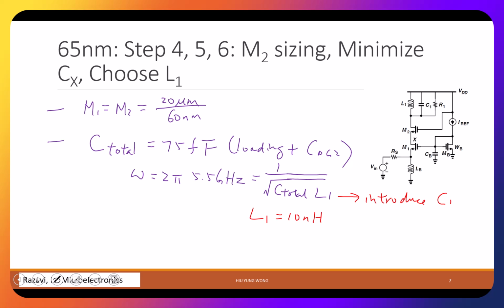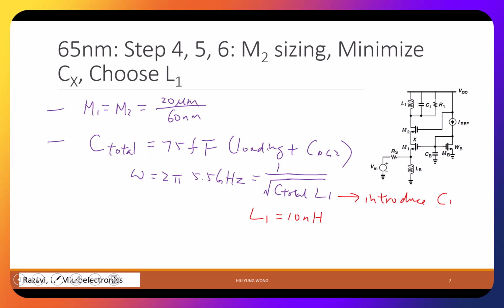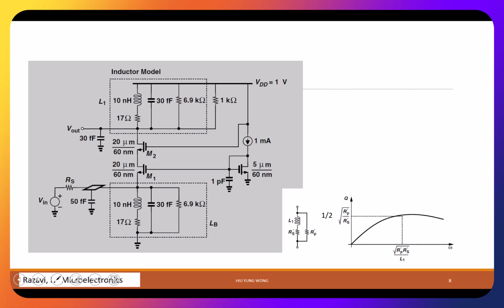Any questions? So we are done with all of this. We know what LB, the biasing transistor, M1, the amplifying transistor, the cascode transistor, and L1 are. And for L1 and LB, remember, please use this model and turn it on in your simulation. This is what the textbooks say, so take a look at this, maybe you will understand better.